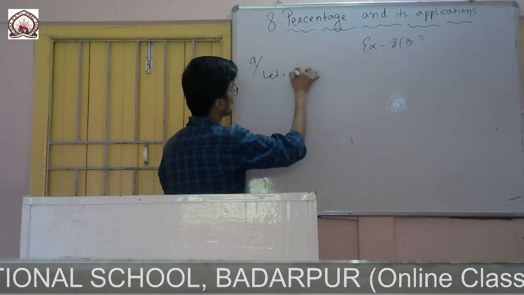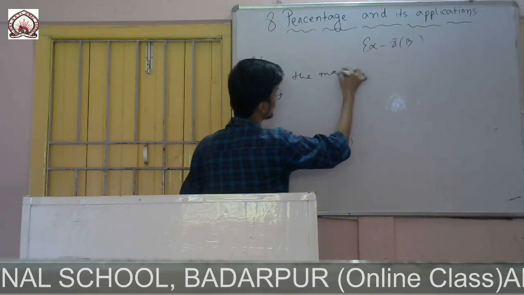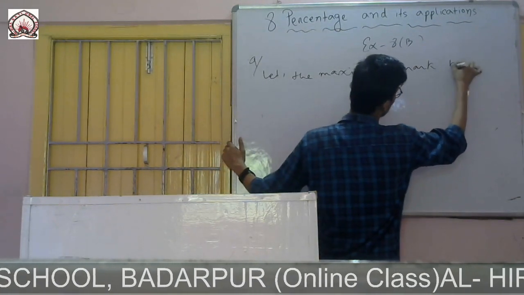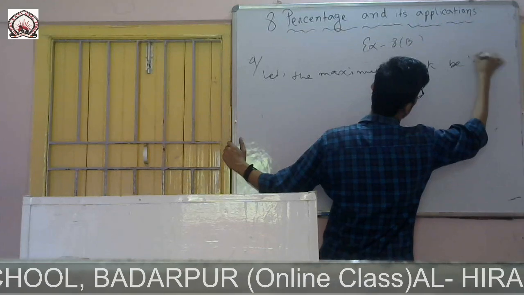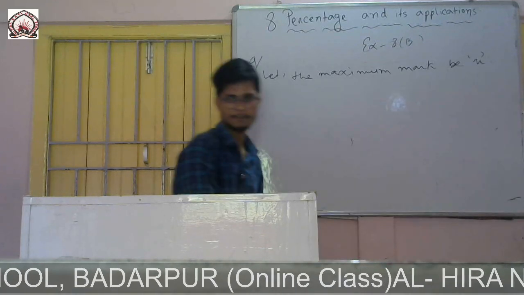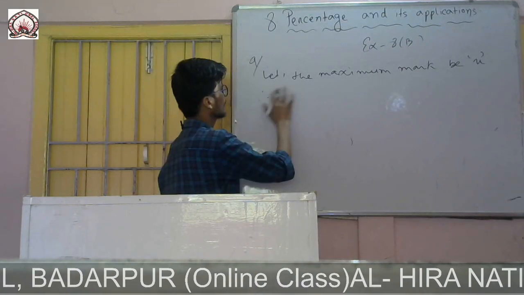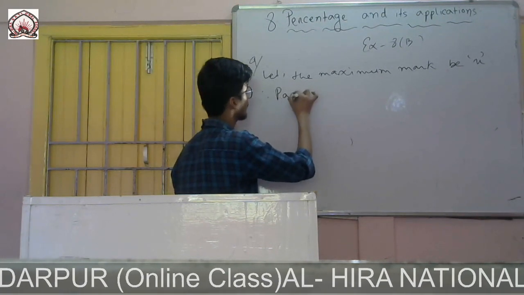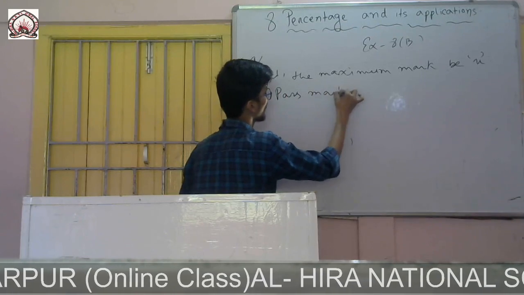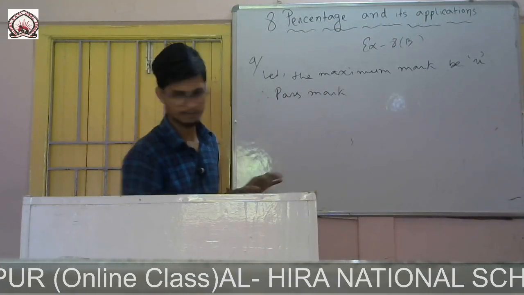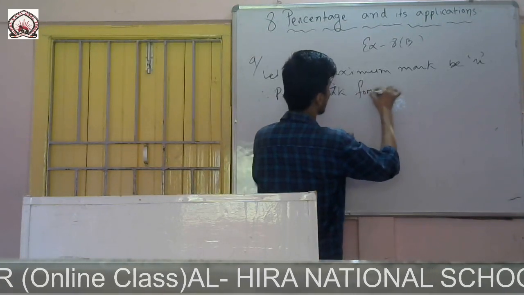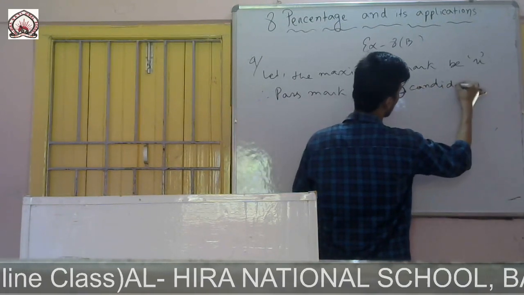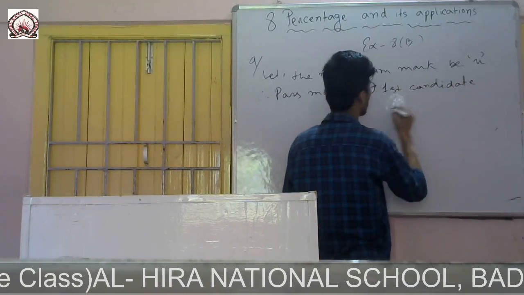Right, let the maximum mark be x. Therefore, there are 2 candidates. So first of all, I will find the pass mark for first candidate. Pass mark for first candidate.